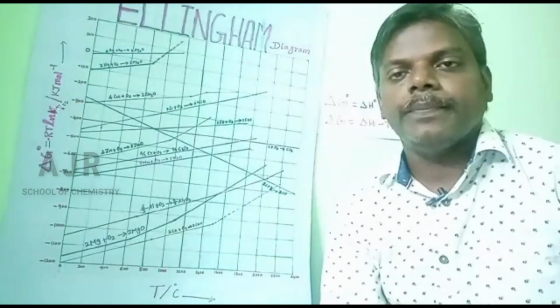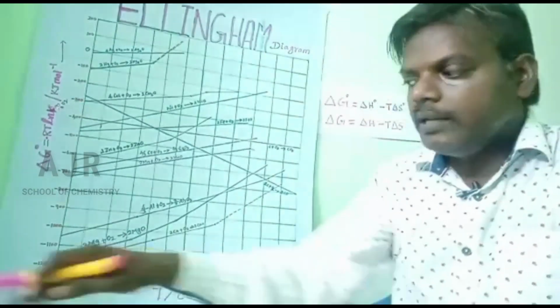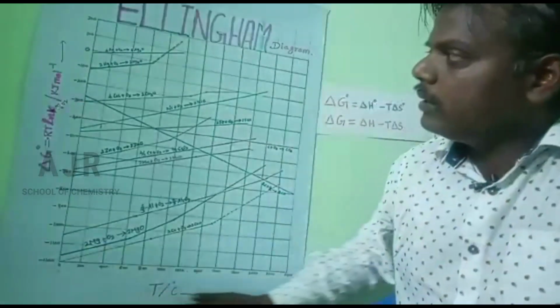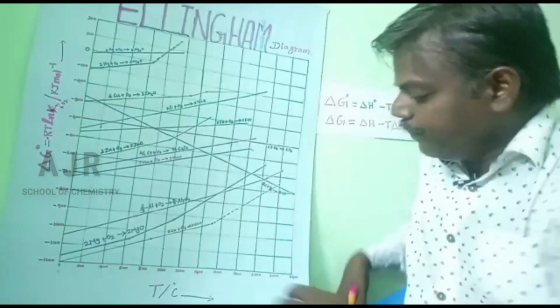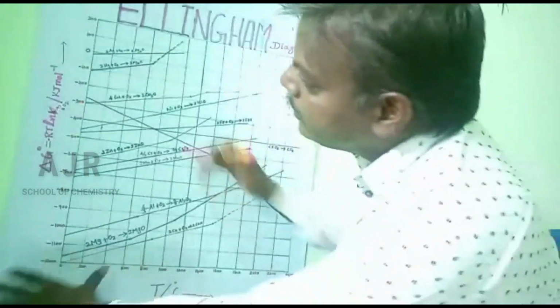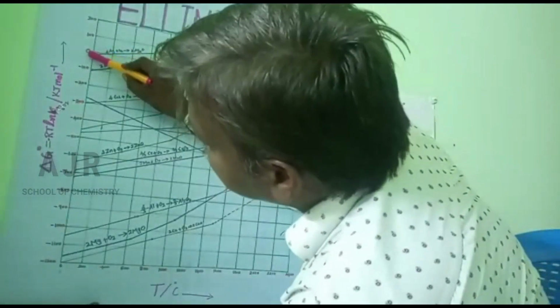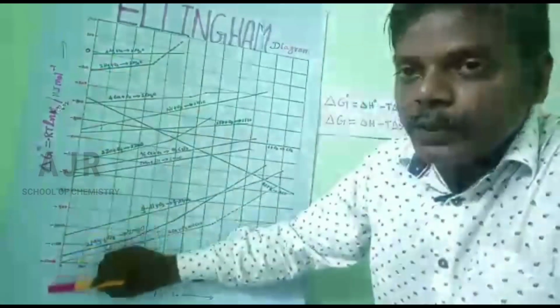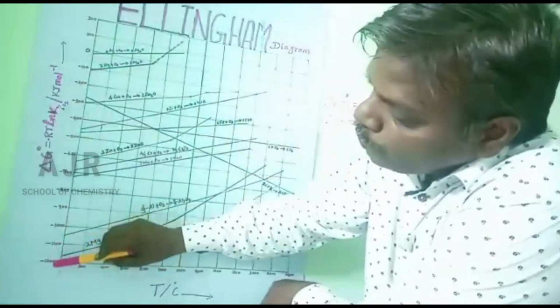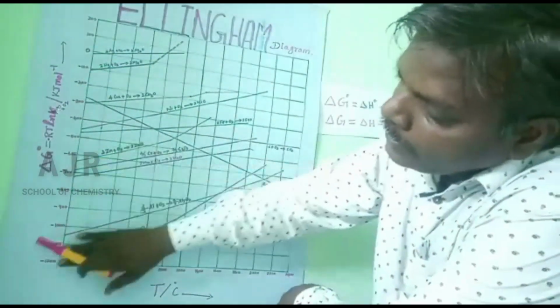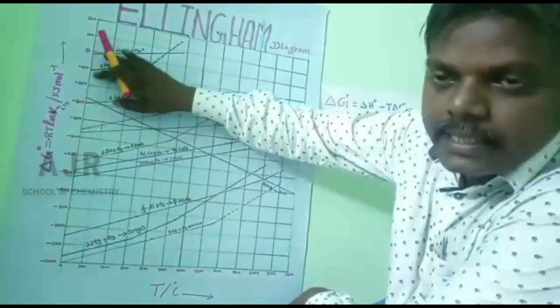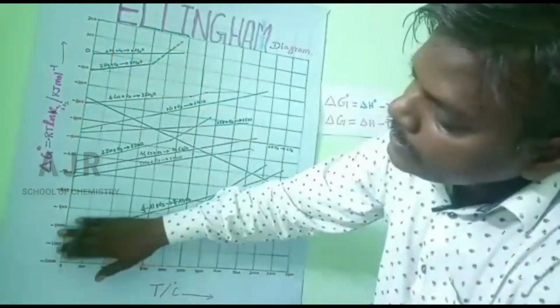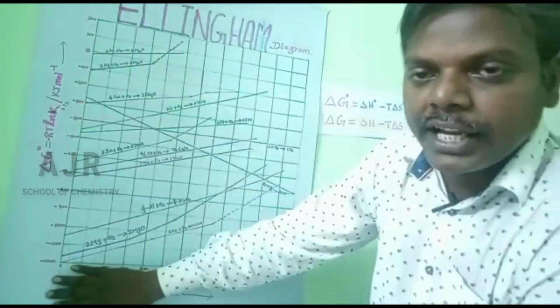Observation number 3. Generally, if you go through this Ellingham diagram, look at here. From here, the negative value increases and becomes more negative. If you go in an upward manner, the negative value becomes less. So this is less negative and this is more negative.